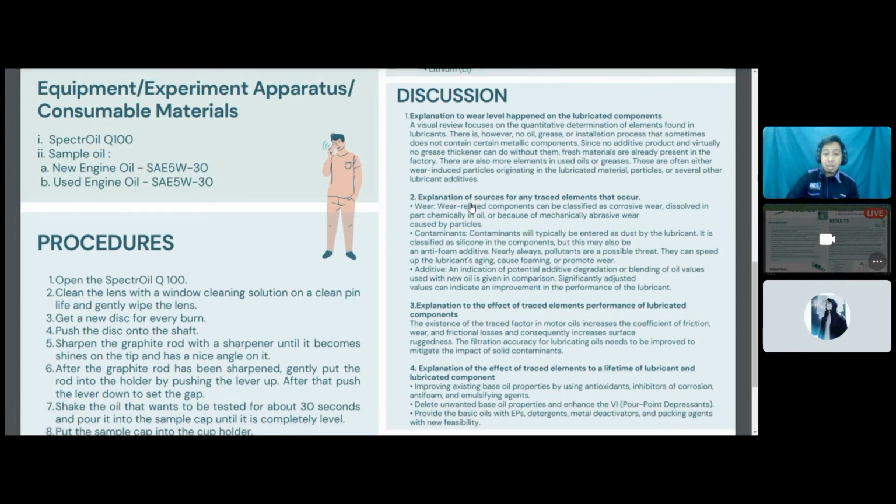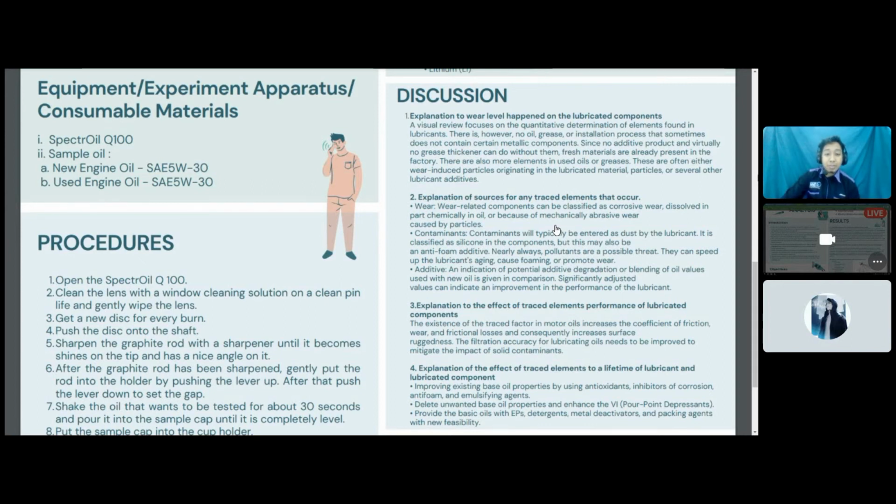Second, there are some sources of the trace of an element. First, wear, contaminants, and additive. Wear is a component that can be classified as corrosive wear, dissolved in part by chemicals in oil. This type of corrosive wear has mechanically abrasive wear caused by particles.